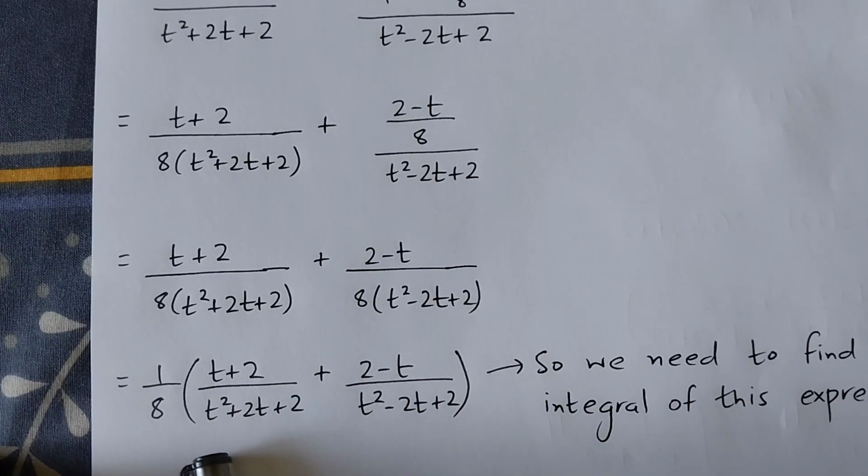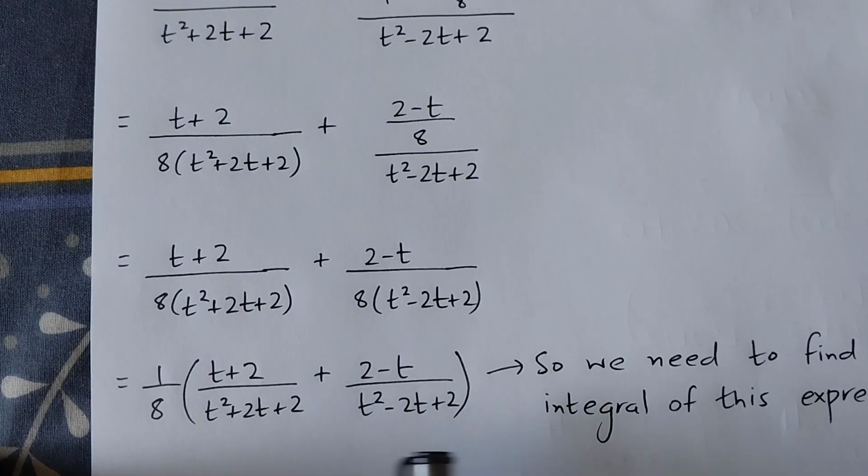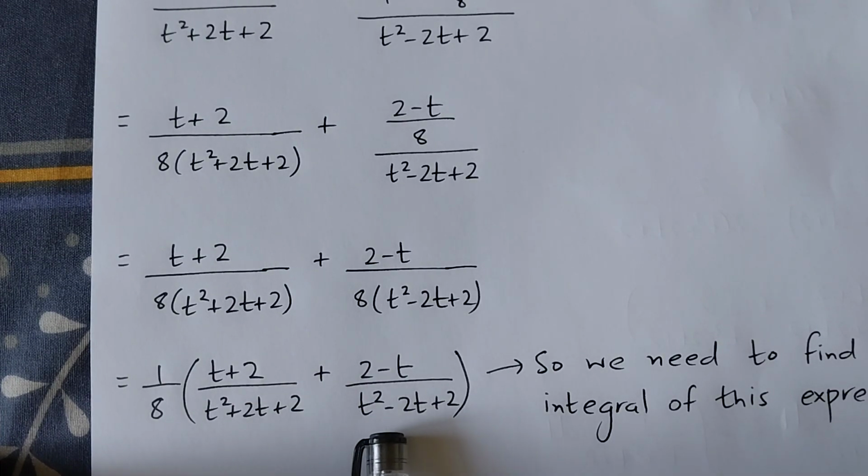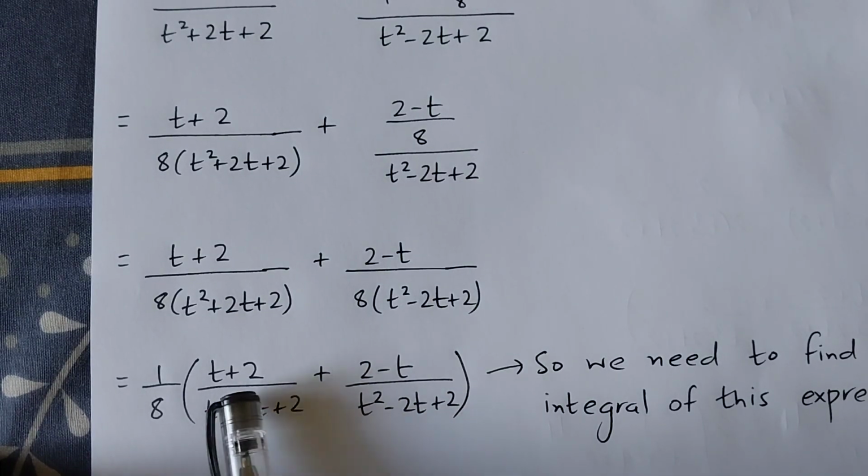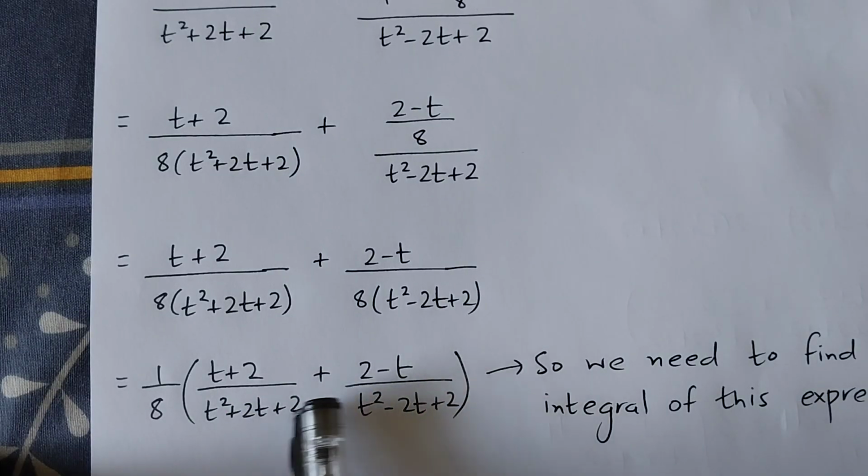But in this case, the derivative of t square plus 2t plus 2 is 2t plus 2, but in the numerator we have t plus 2. Similarly, the derivative of t square minus 2t plus 2 is 2t minus 2, but we have a 2 minus t written over here. So we need to adjust these numerators in a suitable form so we can use that particular rule of integration.